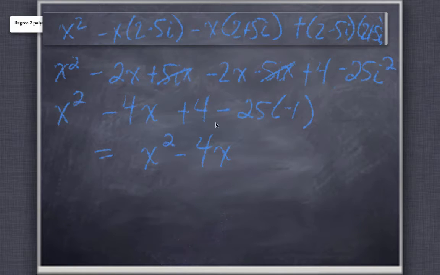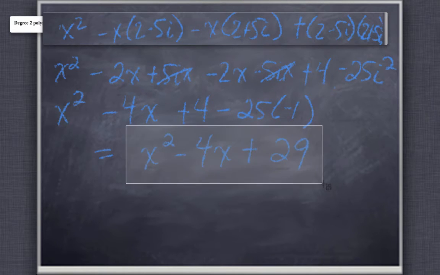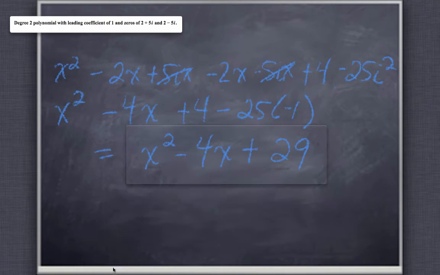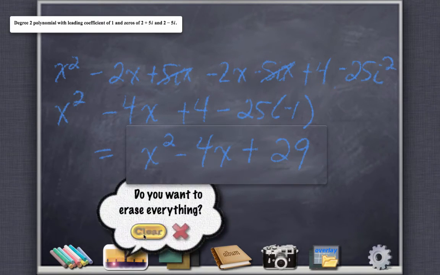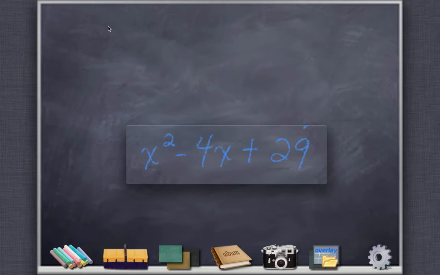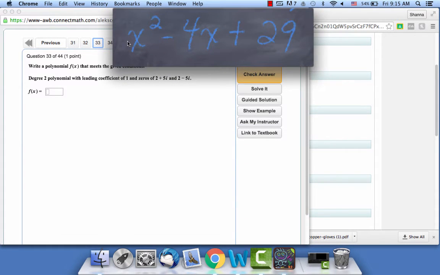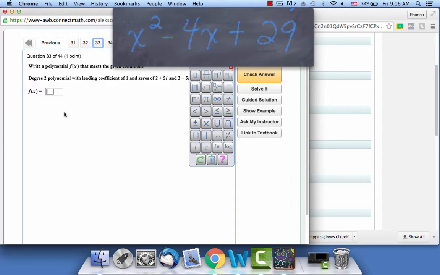So plus 4 plus 25. So now you've seen, hopefully, how these i's kind of get rid of each other if you have the complex conjugate. But if you have anything else, it doesn't work. If at this point it had asked for a leading coefficient of 3, you just multiply through the whole thing by 3.